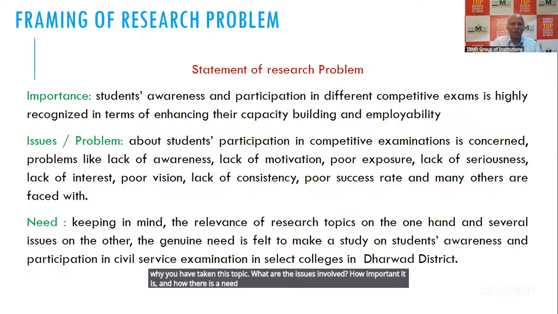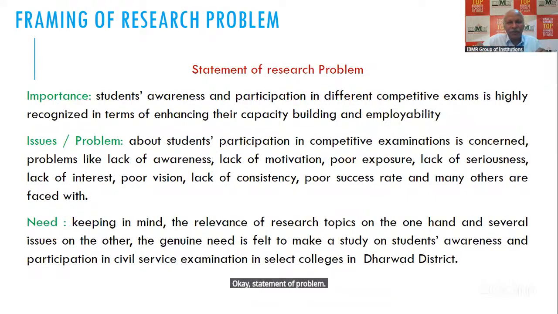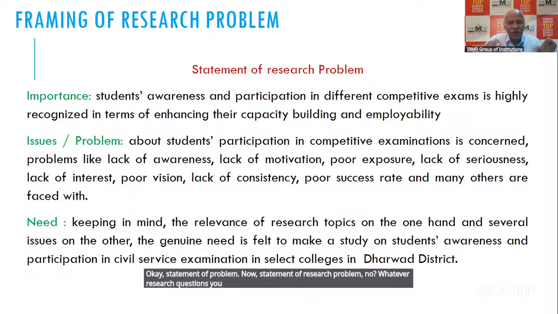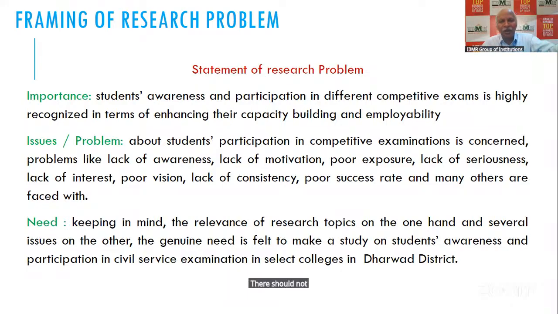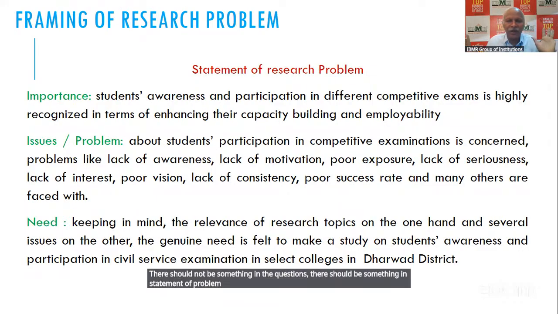Okay, statement of research problem. Whatever research questions you have raised, those questions should be reflected here. There should not be something in the questions and something else in the statement of problem. Whatever questions I have raised, by and large, those questions should be presented in the statement of problem.